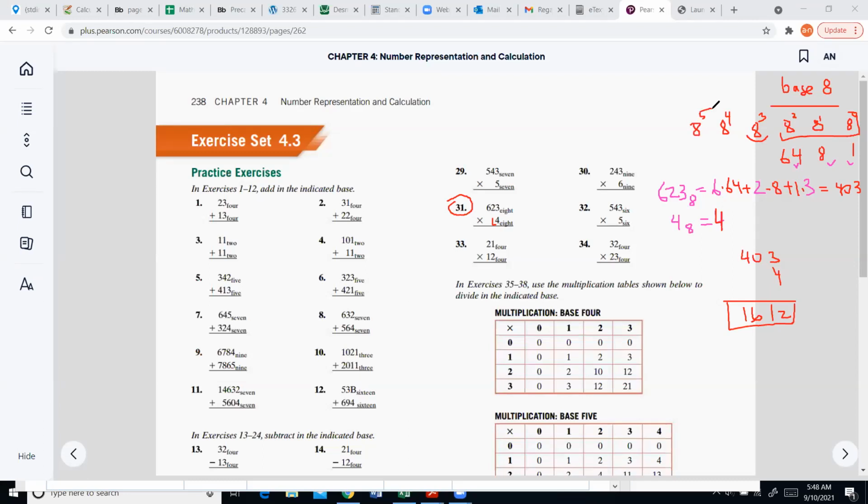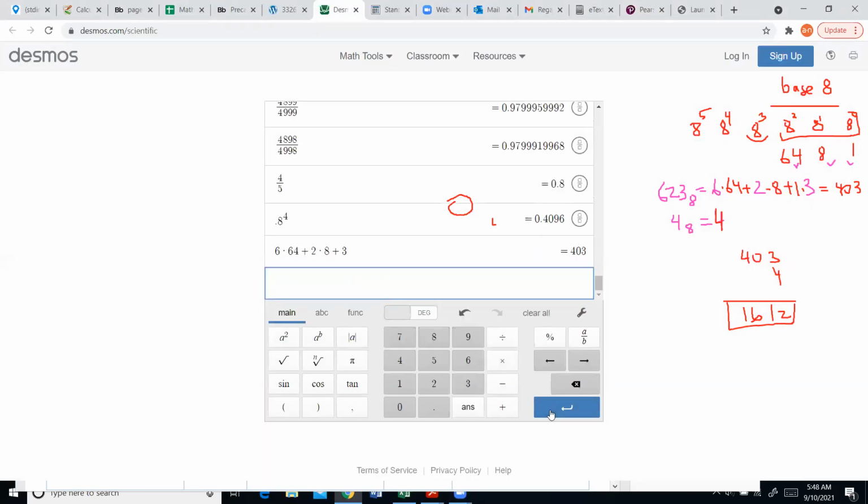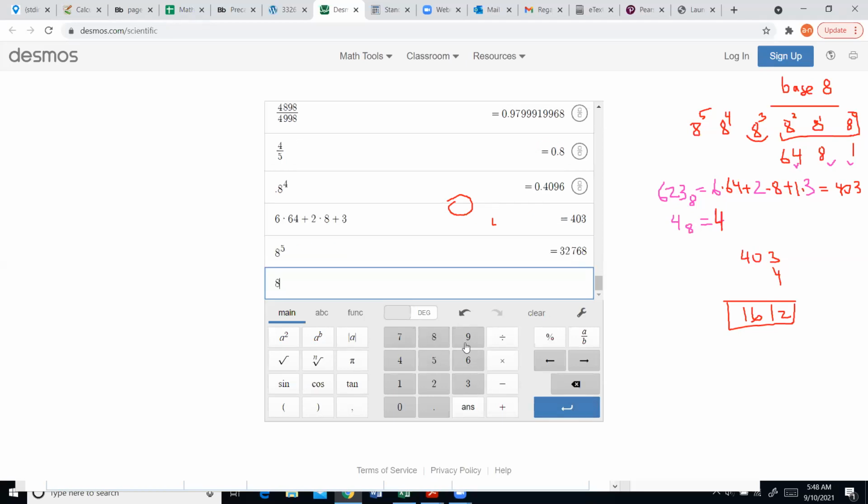So let's see which will exceed my 1612. And again, I'll go back to the calculator because I don't want to do this in my head. It's so easy to get mixed up. So it looks like 8 to the power of 5 is here. 8 to the power of 4 is here.